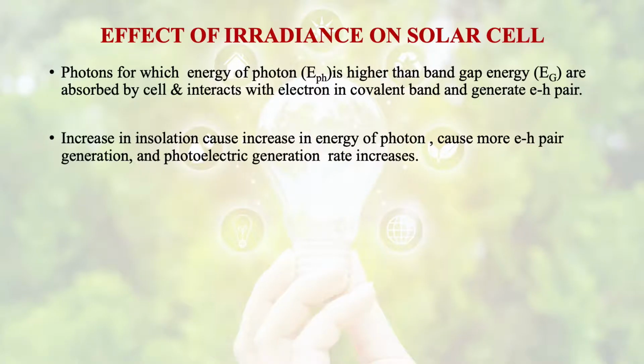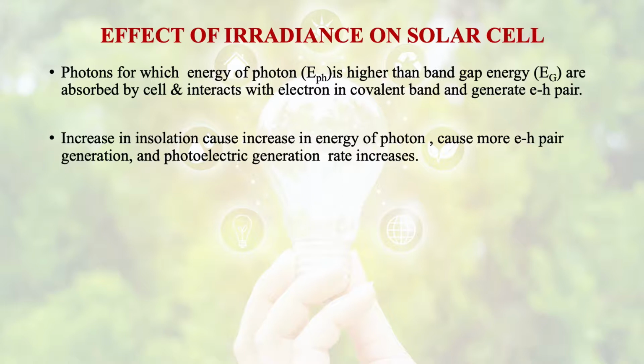Increase in insolation means more photons. If you are increasing the solar intensity over the cell, you are increasing the number of photons over the cell. This causes more electron hole pair generation, and the photoelectric generation rate increases.